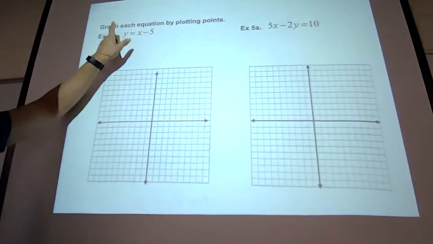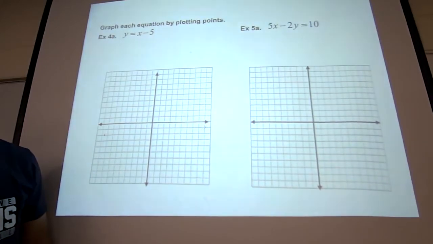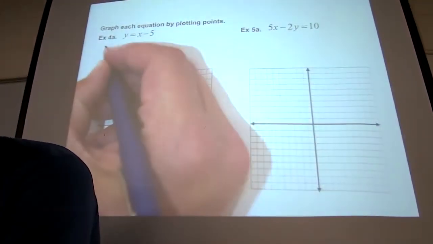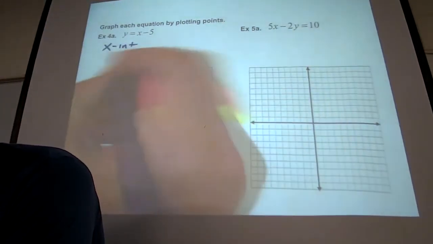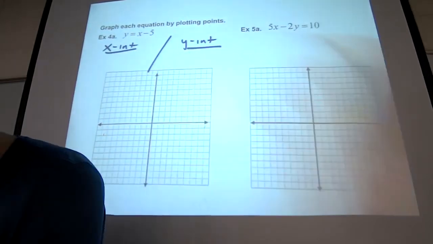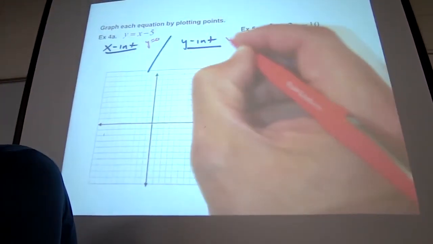It says up here, we want to graph each equation by plotting points. One thing you could do is just find the x and y intercepts. So that's a good little practice. Again, you could do y equals 0 and x equals 0.